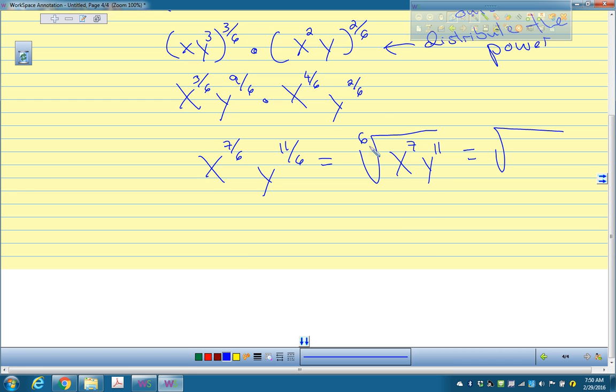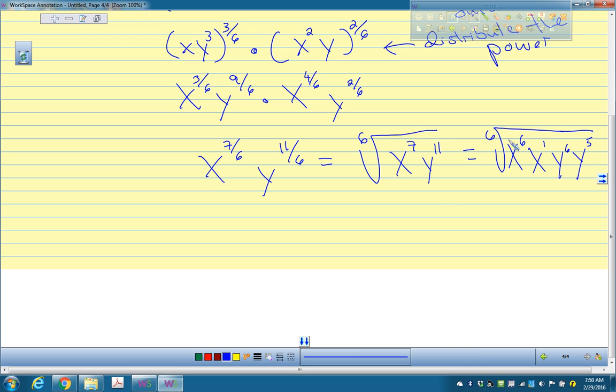What's the 6th root of x to the 6th? So I'm going to rewrite this as x to the 6th times x to the 1, and I'm going to rewrite this as y to the 6th times y to the what? 5th, because these add up to this.